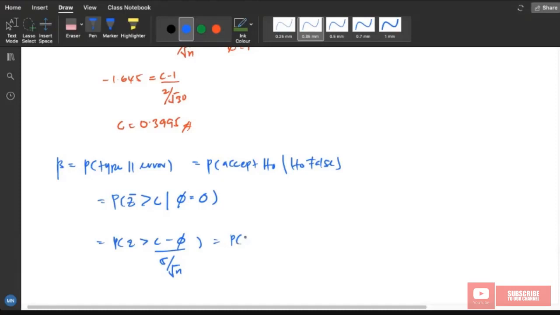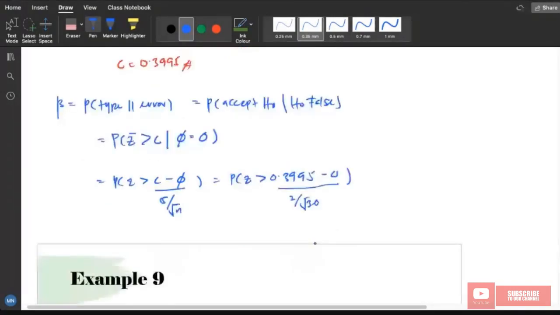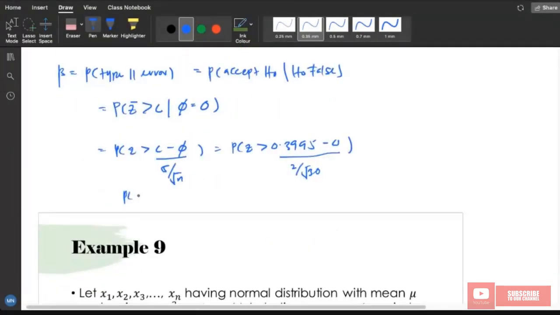So this is the probability of Z more than 0.3995 minus 0, sorry about that, divided by 2 over square root of 30. So this should be equal to the probability of Z more than 1.09, which is equal to 0.1379.